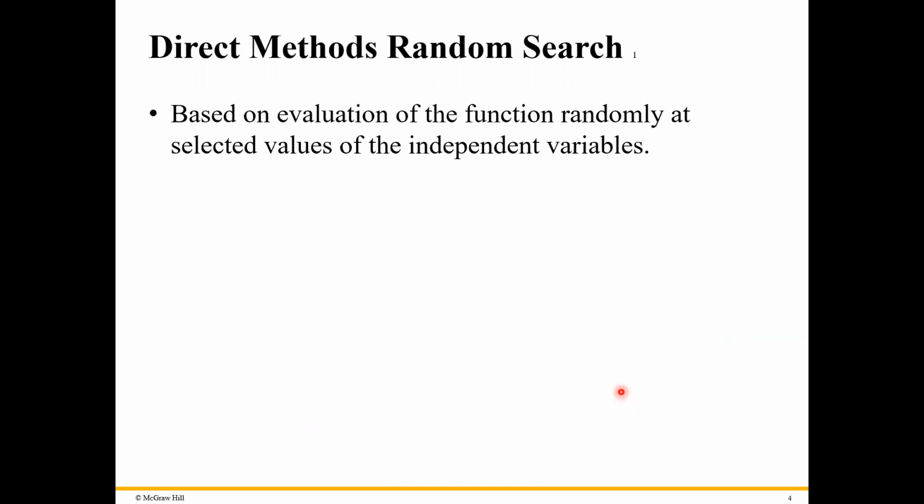So let's look at the direct method. The direct method is called the random search method. It is based on evaluation of the function randomly at selected values of the independent variables. As the name suggests, it is the evaluation of the function, that means finding the value of the function randomly at various points.